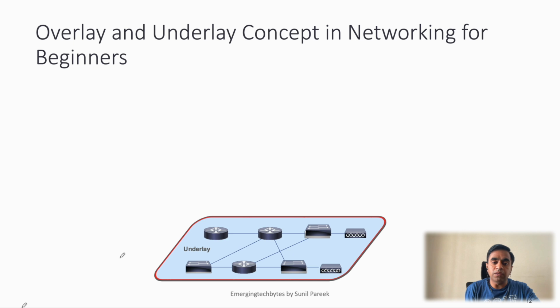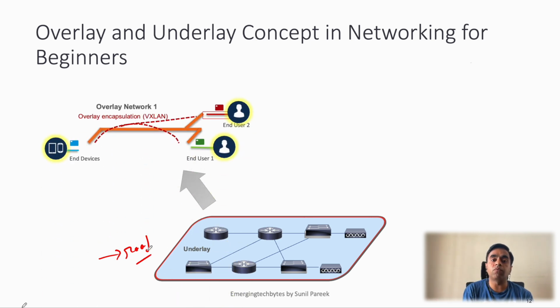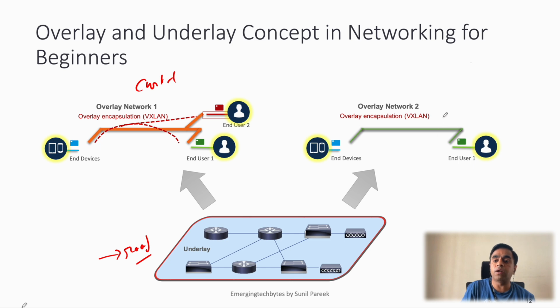this is your road, let's say, or this is your physical infrastructure. On top of this, you implement some sort of overlay network for customer one, or tenant one, which is running completely different services, and then you implement another overlay for a different customer which runs a completely different set of services, right?